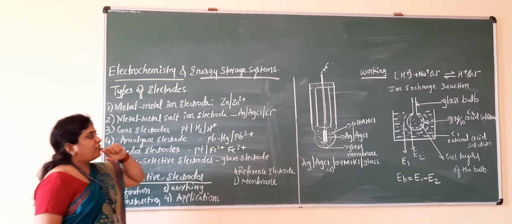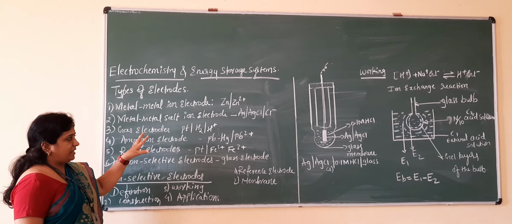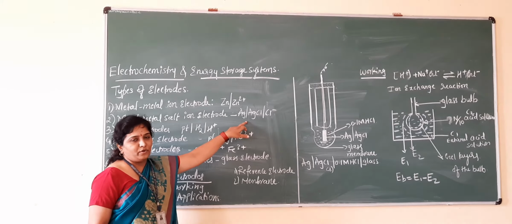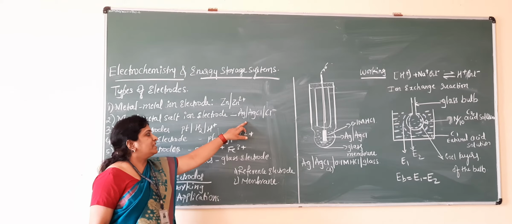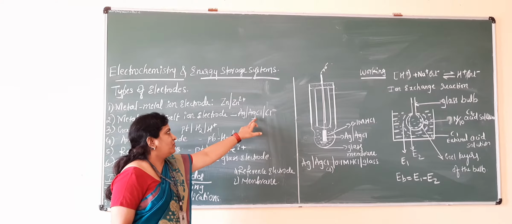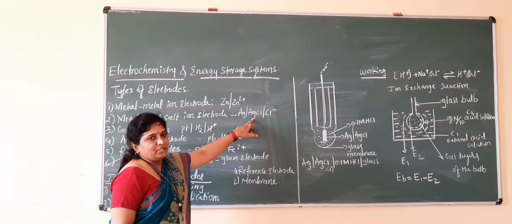For example, a silver electrode is dipped in silver chloride, and again it is in contact with the anion of the salt. You know that Cl minus is the anion, whereas Ag plus is the cation.